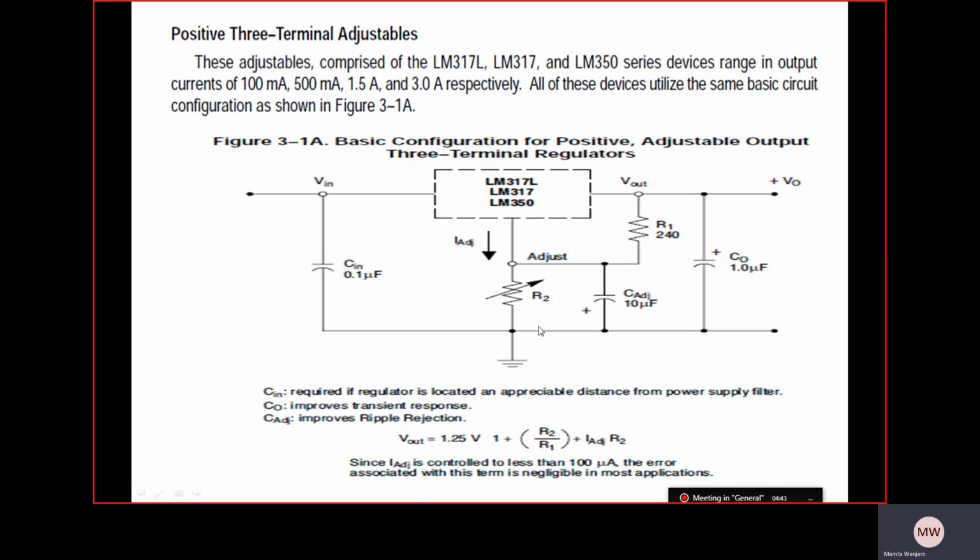And the adjustable capacitor improves ripple rejection. And we have to calculate the output voltage. For that, the formula is given in the datasheet: 1.25 volt times (1 plus R2 divided by R1) plus I adjustable multiplied by R2.